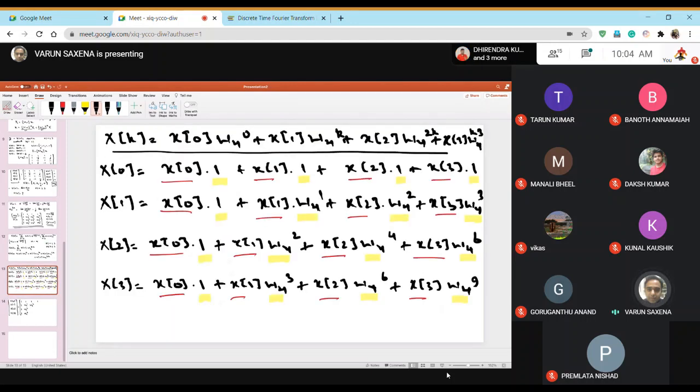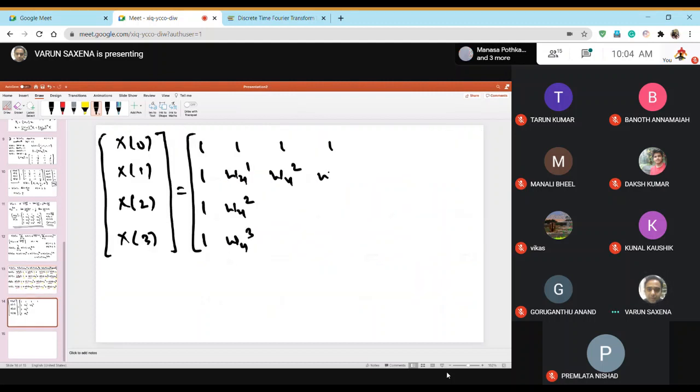I'm basically writing all the highlighted ones as the first row, second row, third row, and fourth row. So this becomes W4^3, this becomes W4^4, this becomes W4^6, this becomes W4^6, and this becomes W4^9.